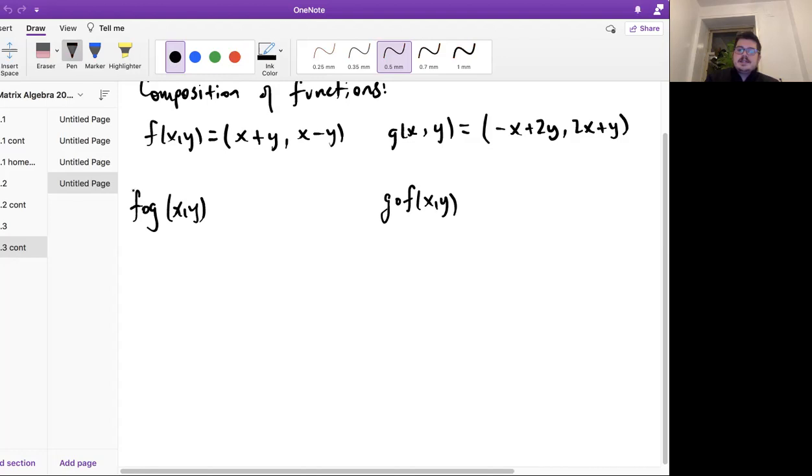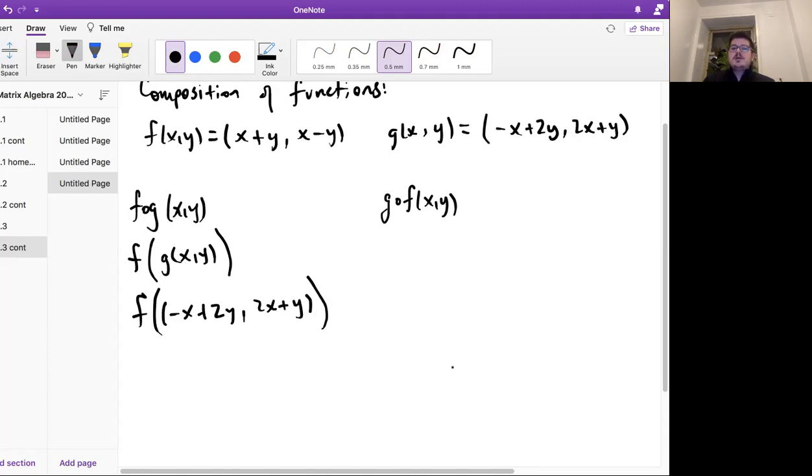So let's think about f of g first. So f of g of xy is just f of whatever g of xy is. Negative x plus 2y and 2x plus y.